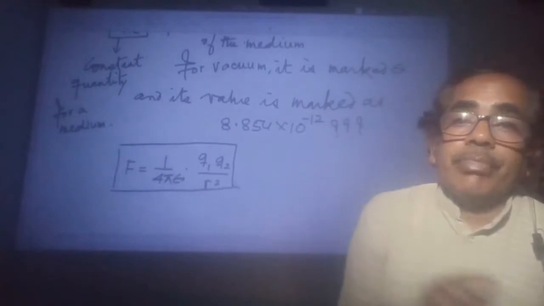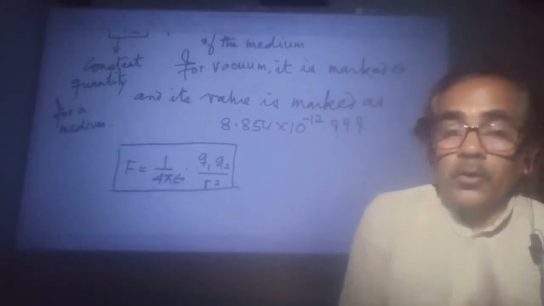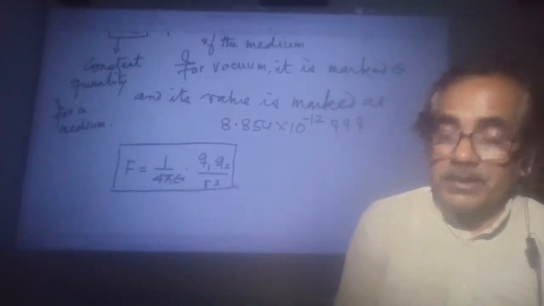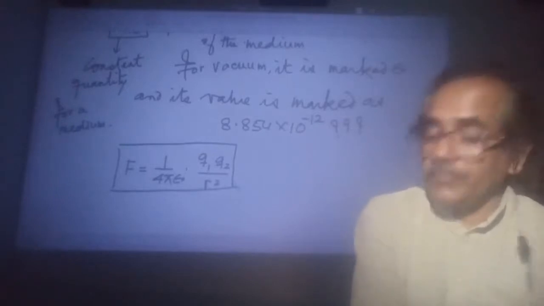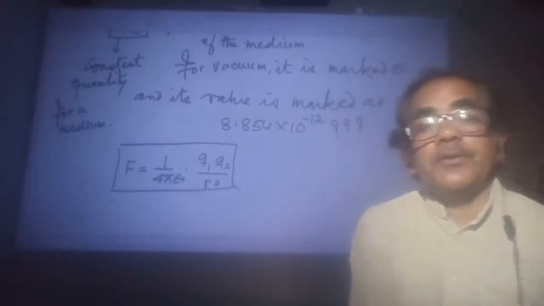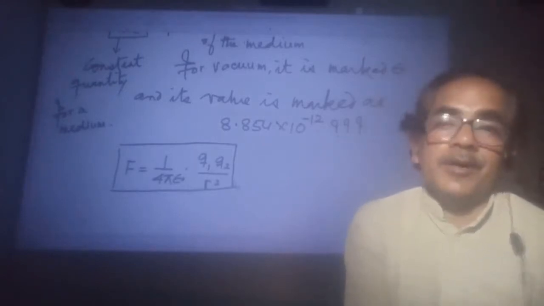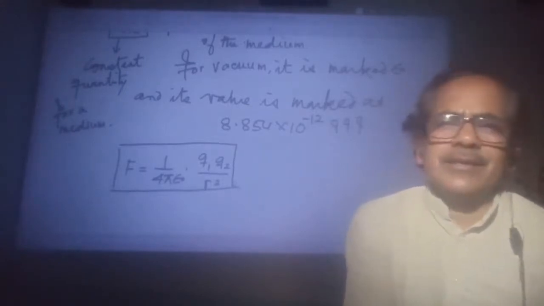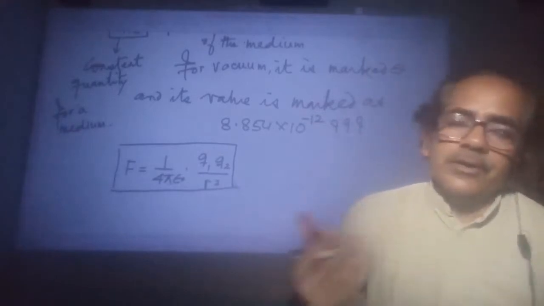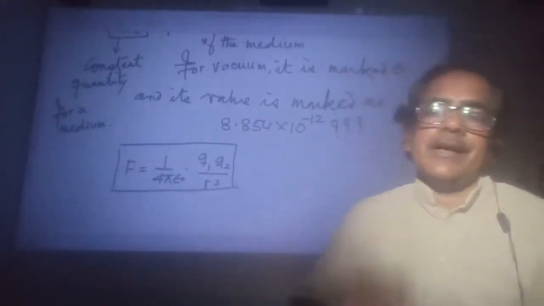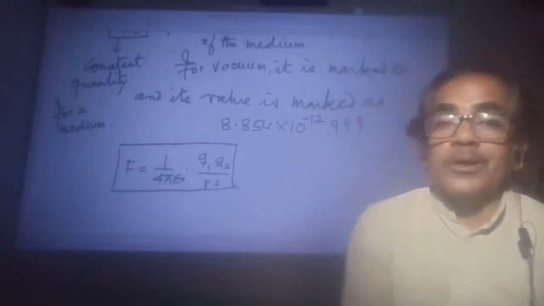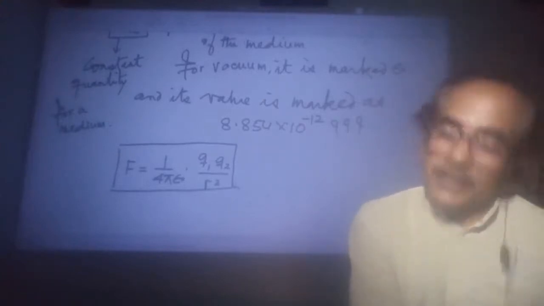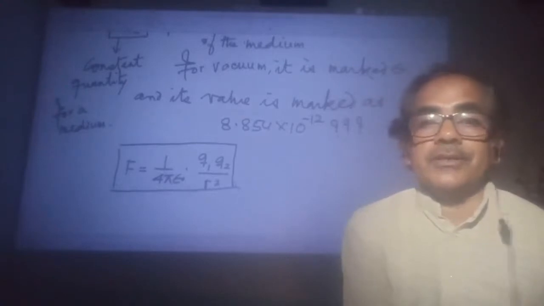Now till now I am considering only the quantity of force, the amount of force. What about direction? Because force is a vector quantity. When you talk about a force, there will be a line of action of the force. Without direction, force cannot be applied. These are the things of mechanics. So in Coulomb's force also, in the electrostatic force, when the term force is considered, it is necessary to consider in which direction it is applied.